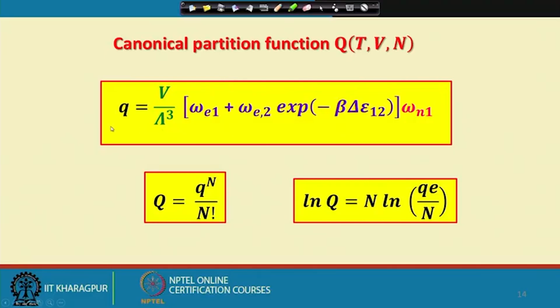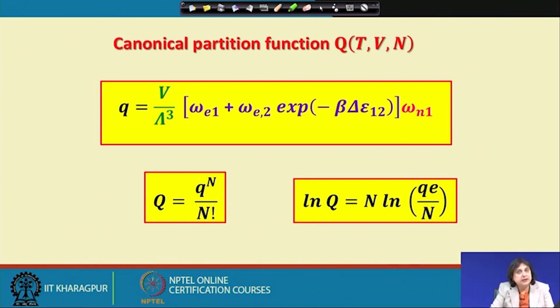So now you have the microscopic picture complete, and then you just say that I can write down the single particle partition function for a monatomic ideal gas in terms of the volume of the system, the thermal de Broglie wavelength, which depends on the mass of each gas atom as well as the temperature at which this gas is present.